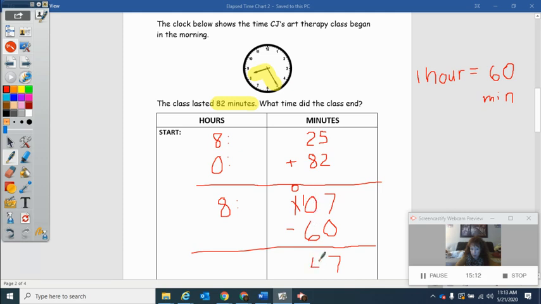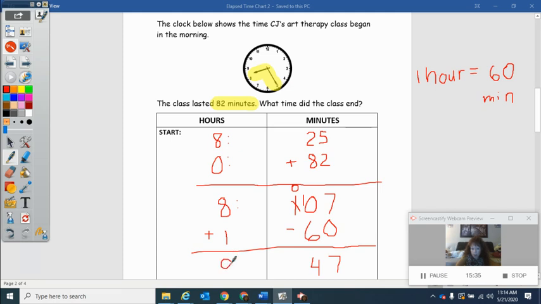So I regrouped. I took 60 minutes away here. Now I have 47 minutes. But remember, 60 minutes is an hour, so I have to add that back in over here.